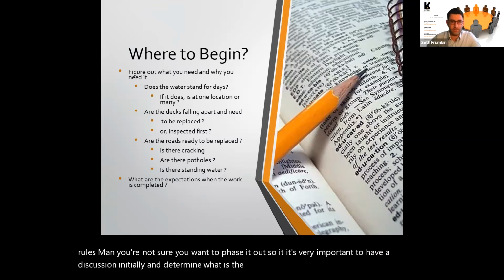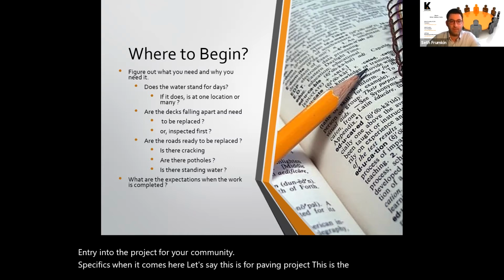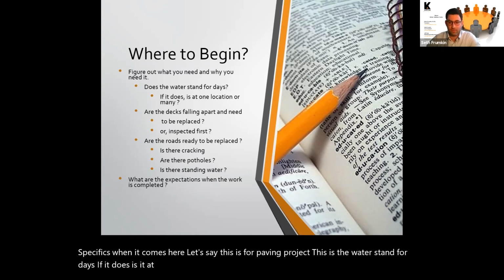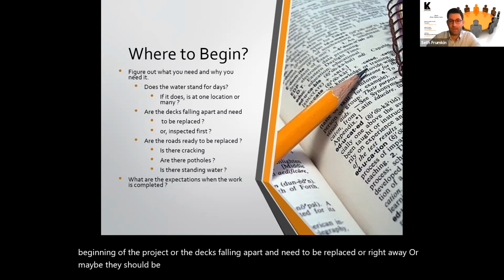project for your community. Some specifics when it comes to this, let's say this is for a paving project: does the water stand for days? If it does, is it at one location or many? These are important points to mention in the beginning of the project. Are the decks falling apart and need to be replaced right away, or maybe they should be inspected first to determine if there's a repair that can be done to avoid the fees for a full replacement.